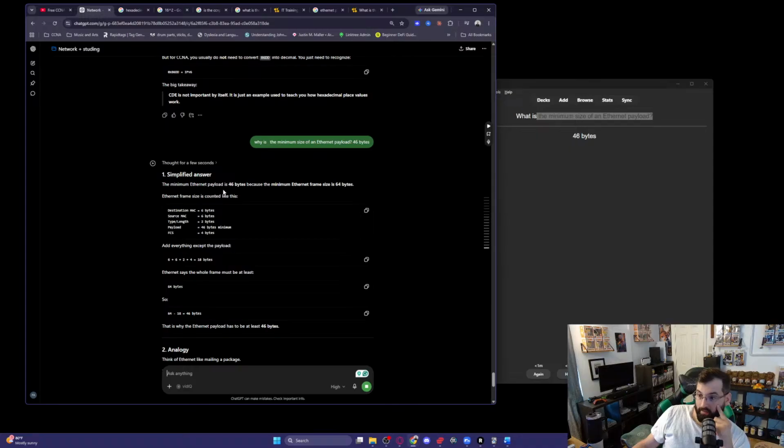The minimum Ethernet payload is 46 because the minimum Ethernet frame size is 64. Oh, okay. The payload is smaller than the frame. The frame is all of it. Add everything except the payload. Oh, and they're bytes, so it should be multiplied by 8, right?